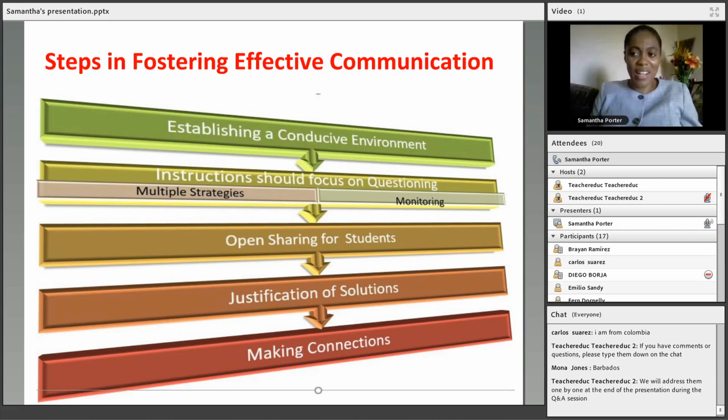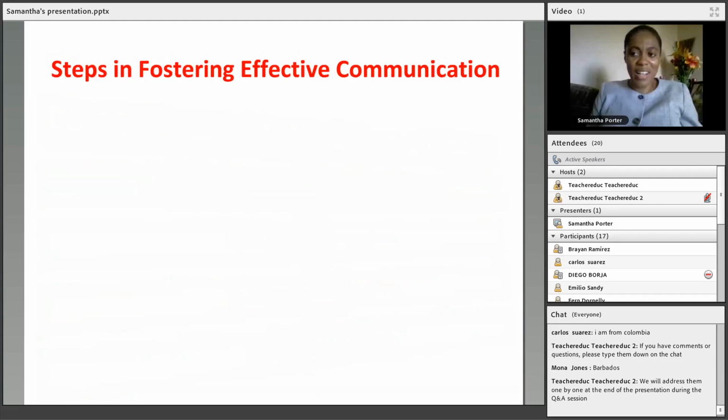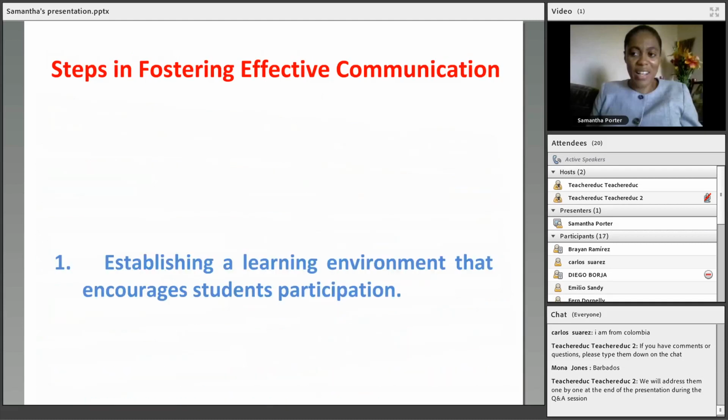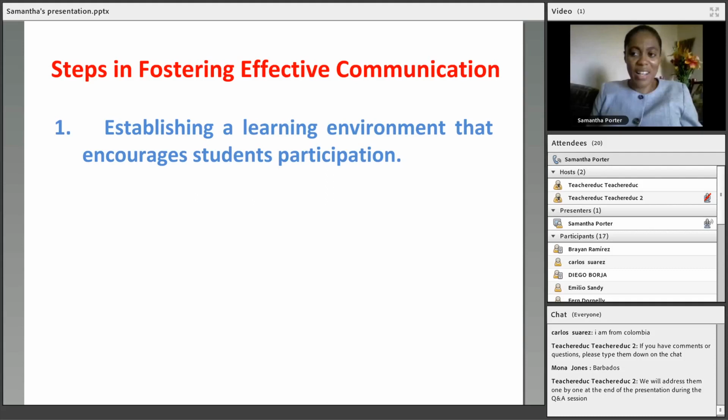We must also have in our classroom open sharing periods for students. Students must have the opportunity to justify their solutions and make necessary connections in mathematics. So our first step will be establishing a learning environment that encourages students' participation.